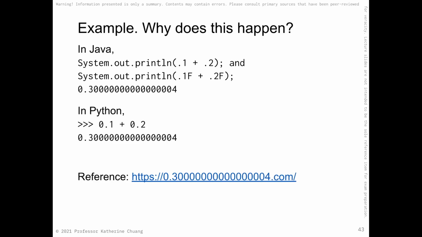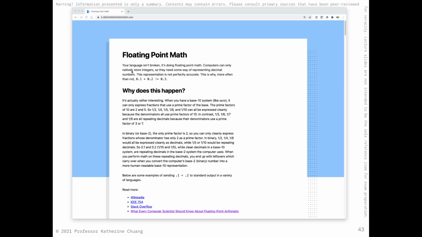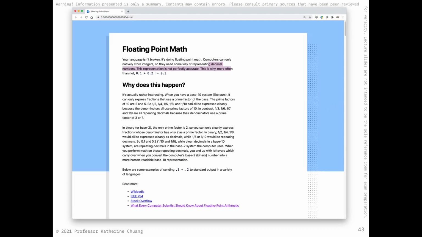Because of how memory is represented on the hardware, you have the ones and zeros. So computers can only natively store integers, so they need a way to represent decimal numbers. The representation is not accurate.